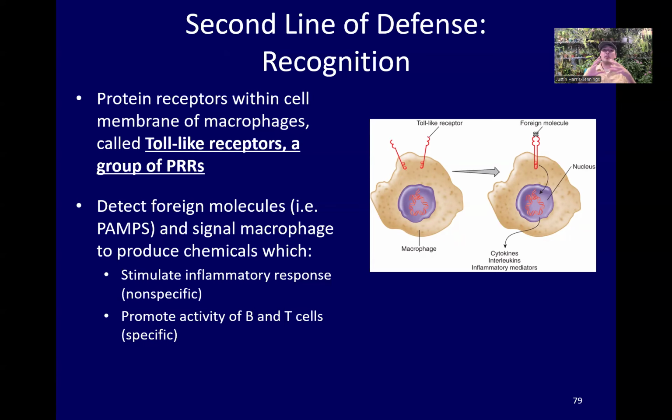These toll-like receptors come in a few different kinds. Some specialize in looking at RNA, some specialize in looking at DNA, and some specialize in looking at specifically proviral proteins.